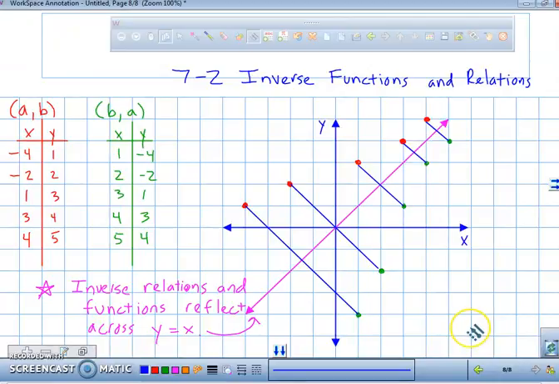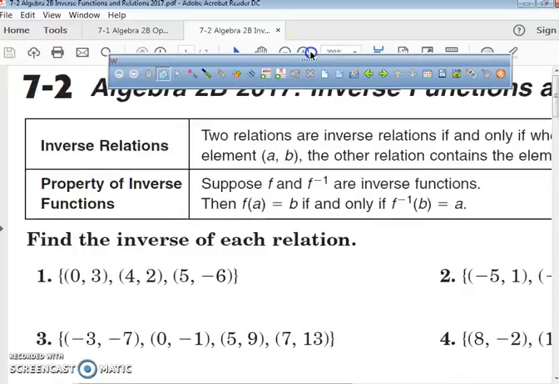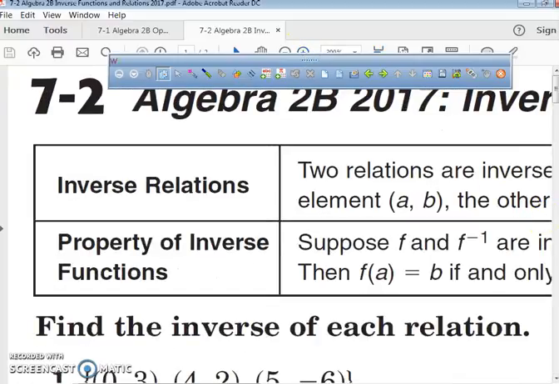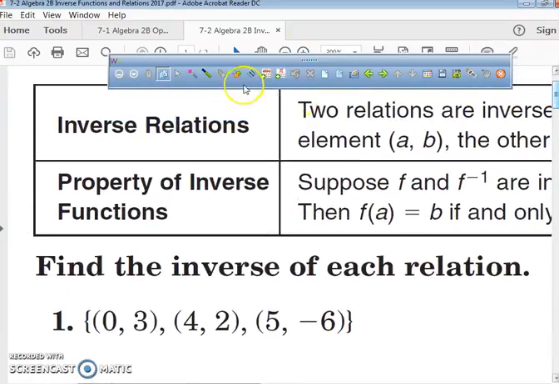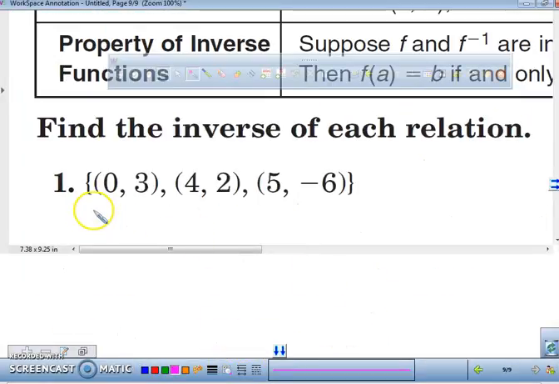When you're asked to find inverse relations and functions, what should the inverse function reflect across? Y equals x. What should the ordered pairs reflect across? Y equals x. So let's look at your first set of ordered pairs. When it says find the inverse of each relation, everybody should be able to get the first 4 problems right. They're very easy.